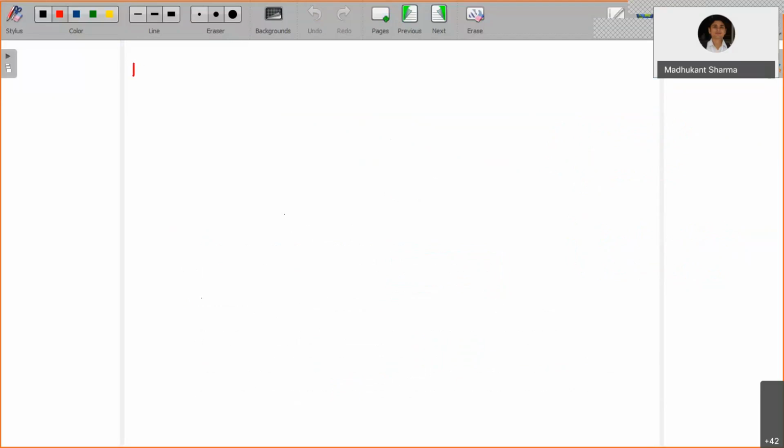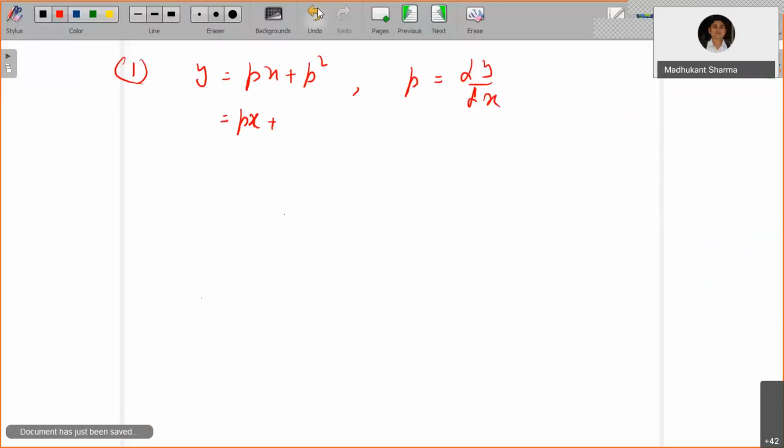I have this equation, let's say y equals px plus p square. Note that we are using the notation p for dy by dx. So this is a Clairaut's equation, px plus p square. Let me differentiate both sides with respect to x.